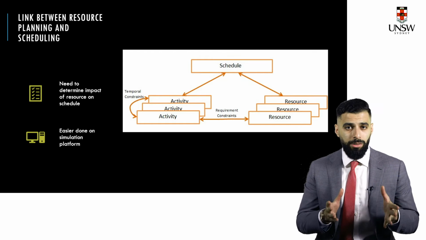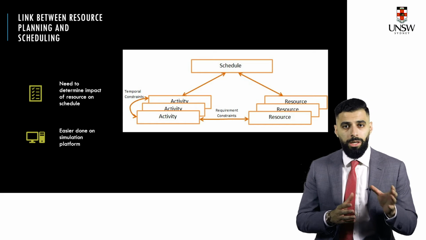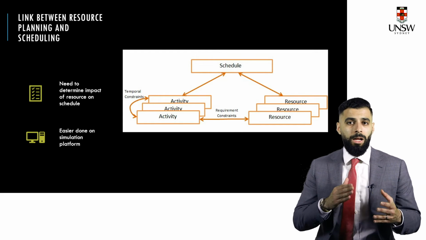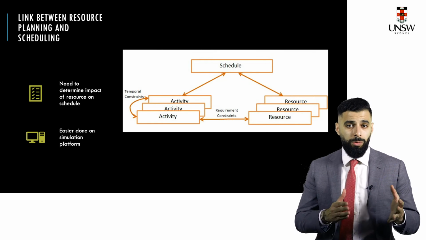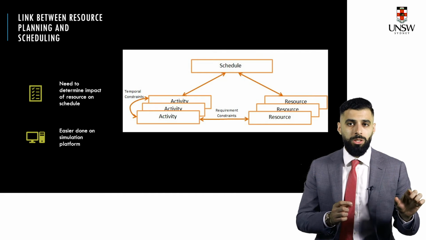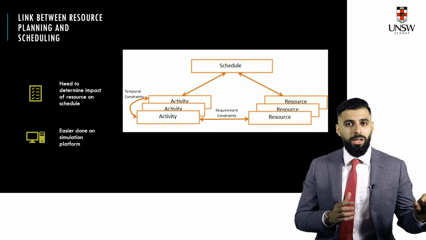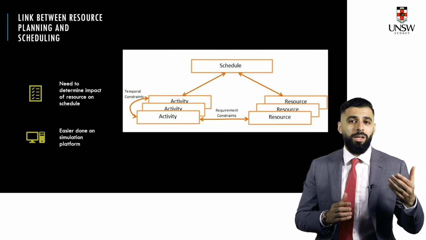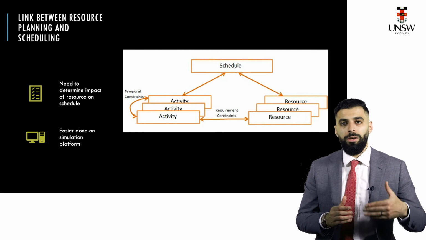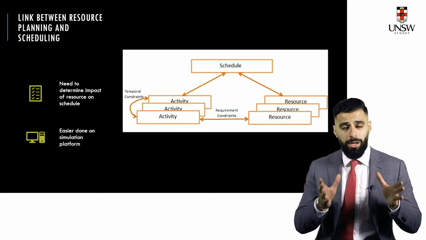You now have 4 activities that are linked to this one column. The column is also linked to 40 meters squared of formwork, 3 tons of steel, and the workers that you require as well. So that 3-way link is formed now between the resource, the activity, and as such, there's also the link between the schedule, and this is what enables you to conduct a simulation in Navisworks, and you're able to track the resources that are consumed by this concrete pouring activity.